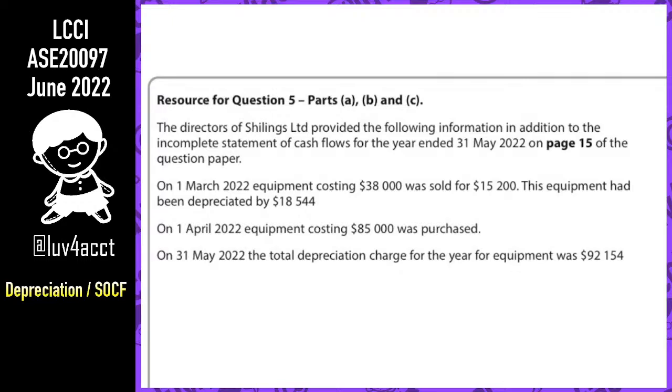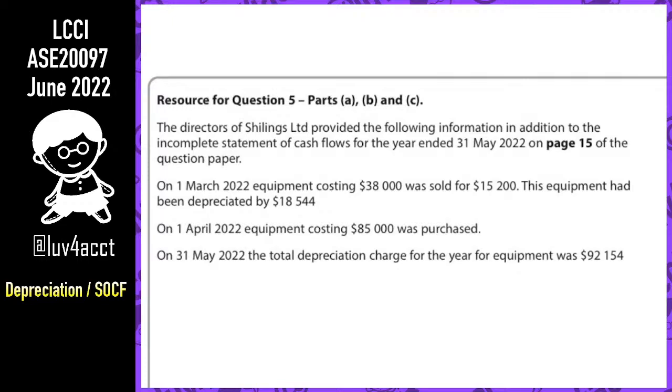Equipment costing 85,000 was purchased, and you are even given directly the amount of depreciation charge here. Oh, how come? That is too simple for level 3. So disposal first, right? 38,000 sold for 15,200.